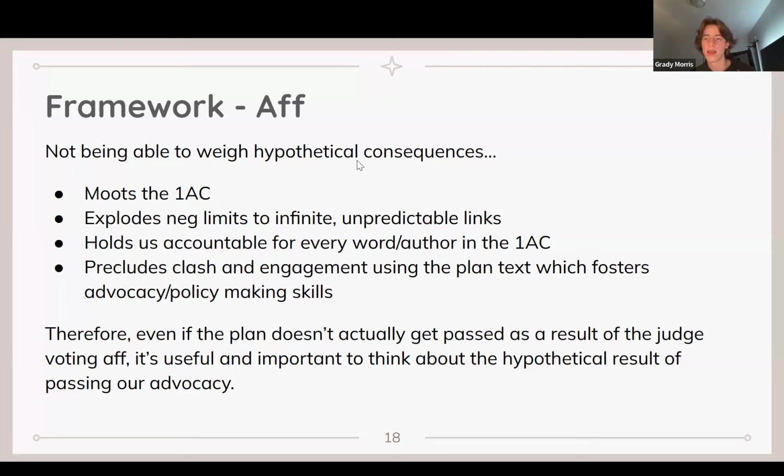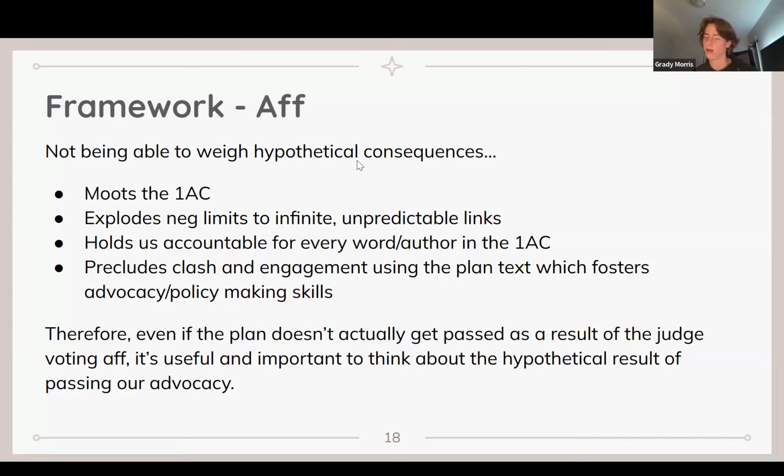And the argument is that even if I was interested in researching something like settler colonialism, I cannot prep out all of those links before the round, which means that they are unpredictable because I cannot predict what they're going to say about this one word that is in an unhighlighted or some portion of my card, which means that I cannot engage in the K in the first place, and also that it's unfair for them to be able to moot the entirety of the 1AC with the link that I couldn't even predict and engage with.